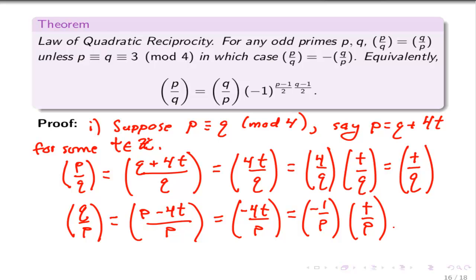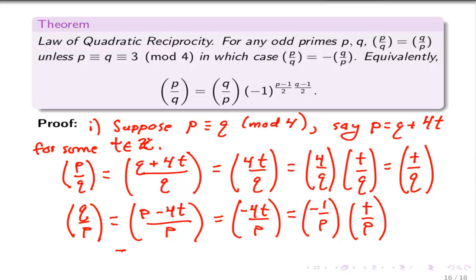Well, what did our key lemma say? Our key lemma says that if P and Q have the same value mod 4 times the top component, then the Legendre symbols are equal. Well, P is congruent to Q mod 4T.